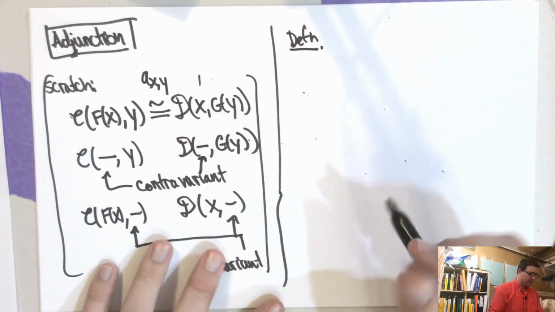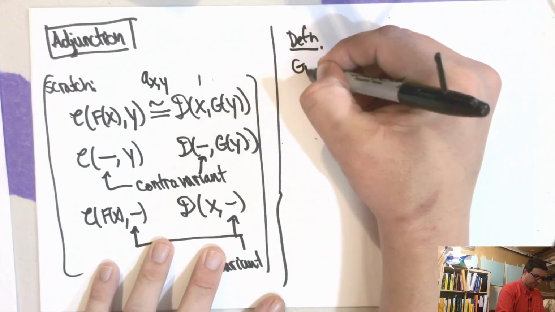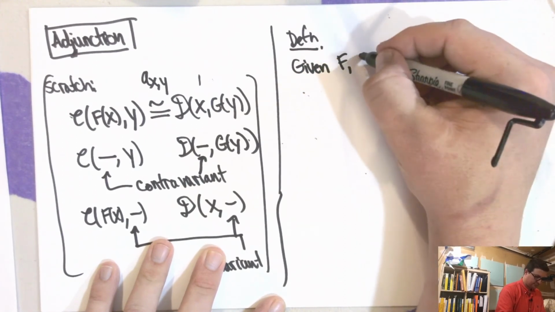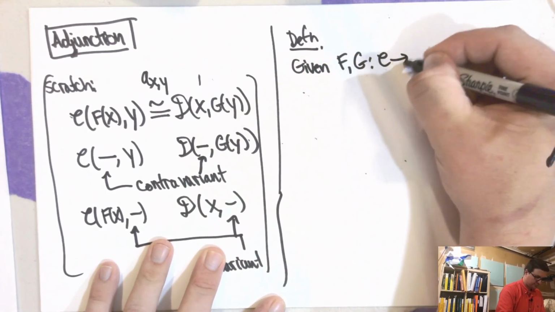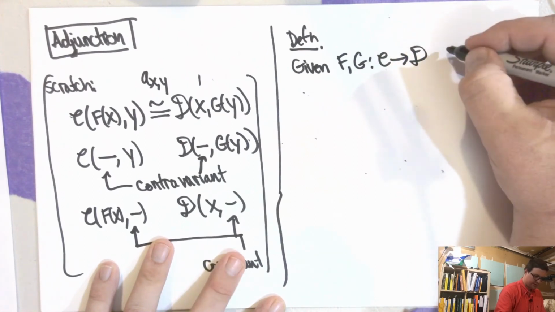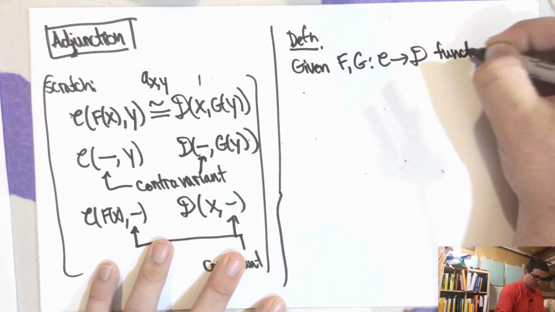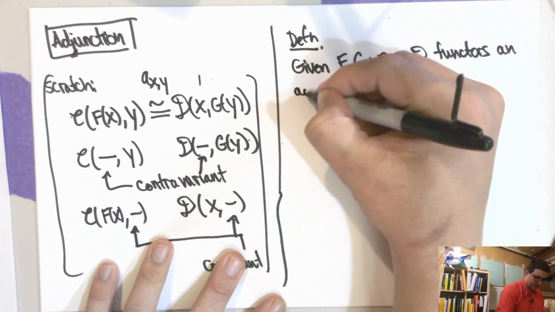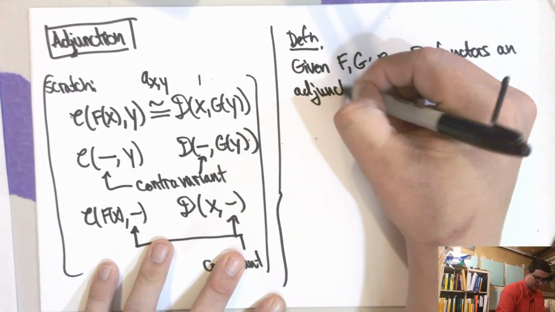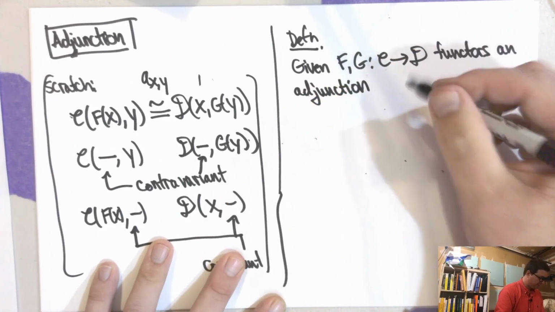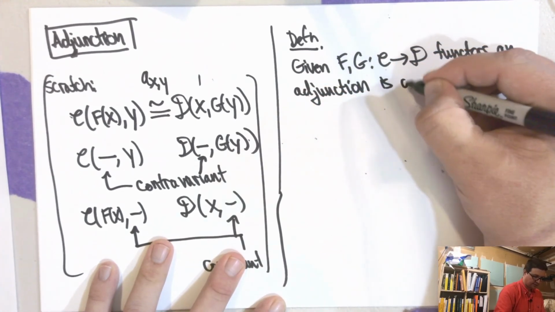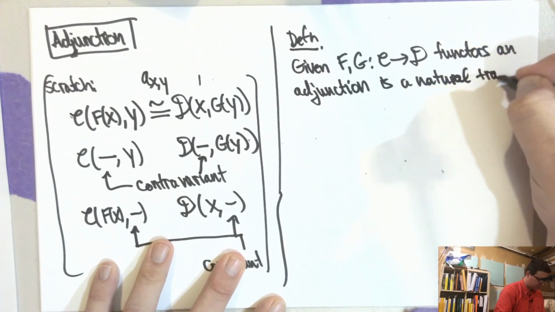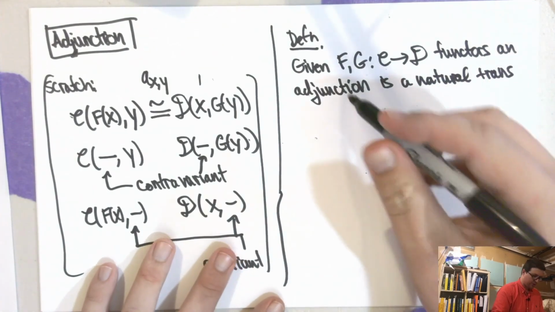Given these functors, an adjunction is a natural transformation between the functors.